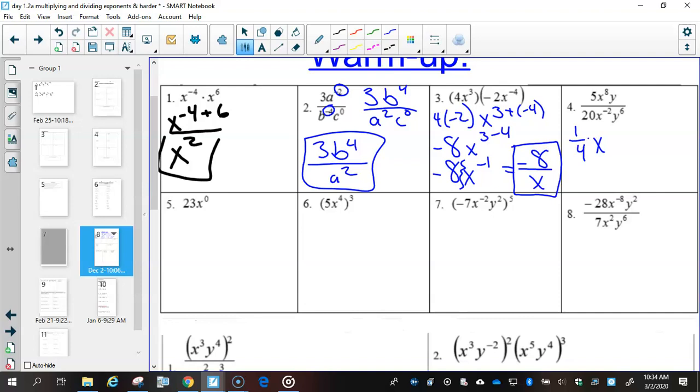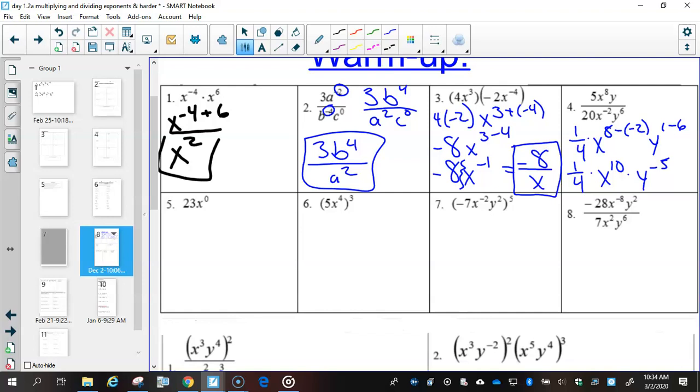Here, we would be subtracting our exponents. Remember, you're always subtracting no matter what. And subtracting these exponents, what is this exponent? 1. Your new exponent for x would be 10. And your new exponent for y? Negative 5.